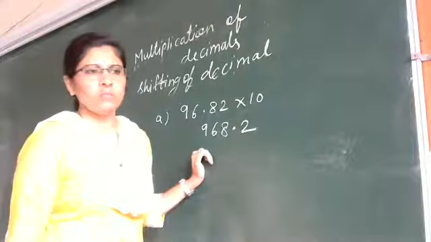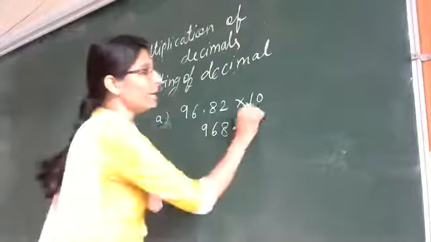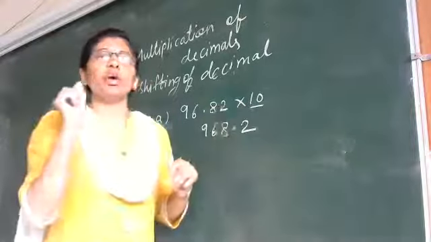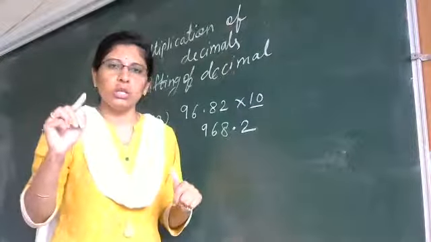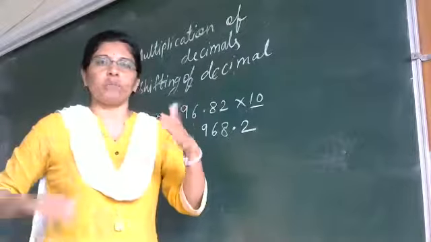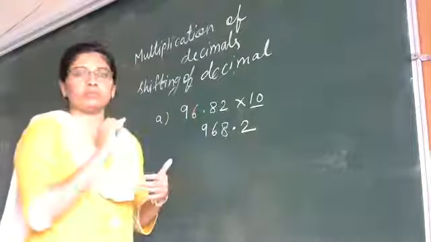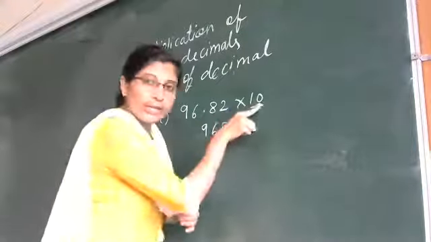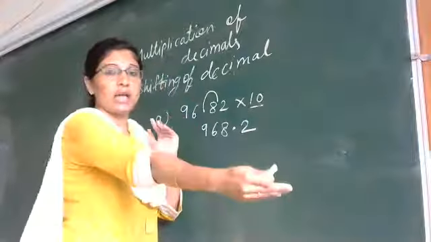See, whenever you have to multiply with multiples of 10, 100 and 1000, we do not have to do the long multiplication. Directly we have to shift the point. 1 zero is there means this point will shift one digit to the right side.